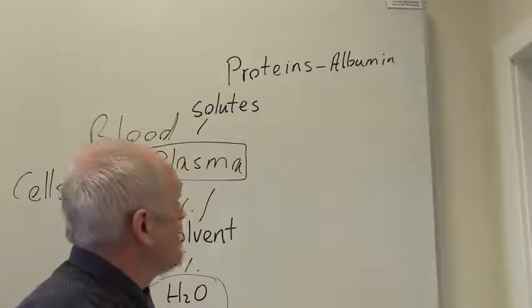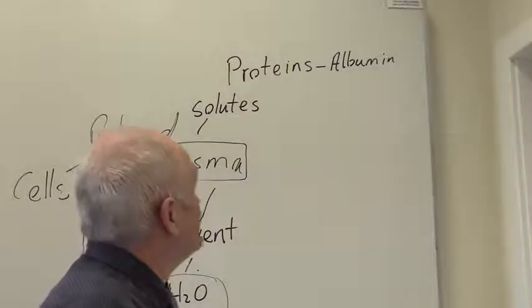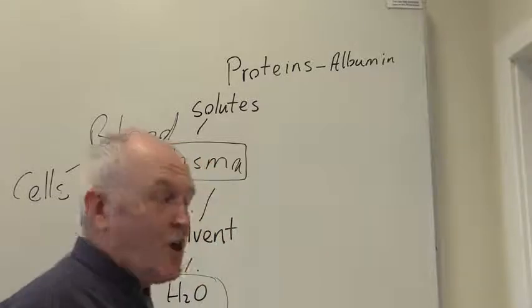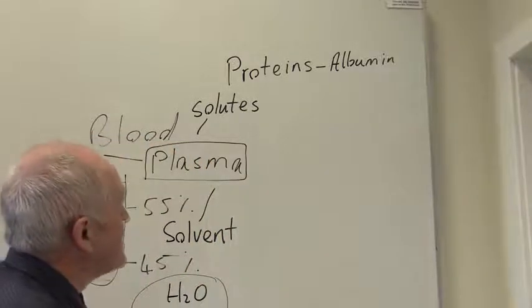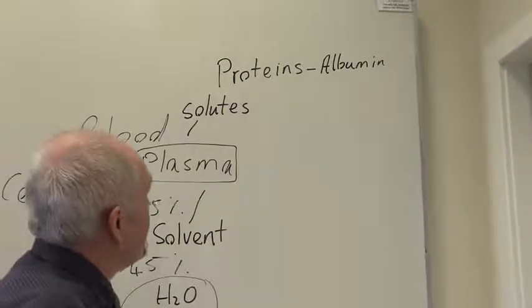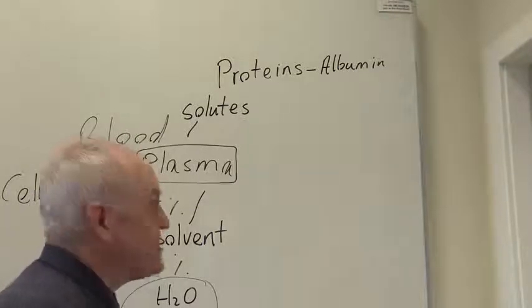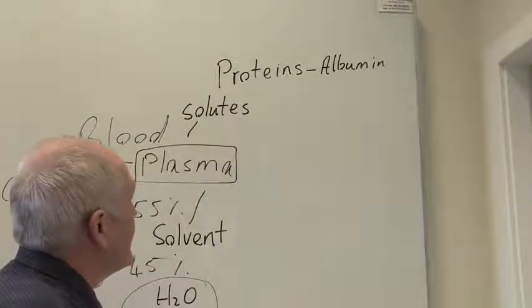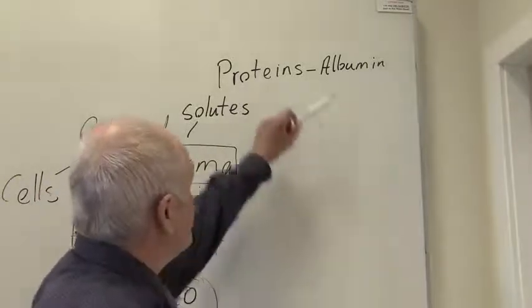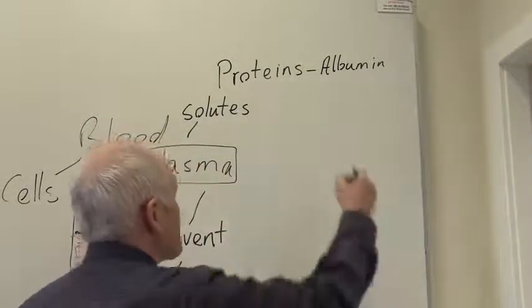It generates osmotic pressure. And the proportion of the osmotic pressure generated by the plasma proteins is referred to as the oncotic pressure. So albumin is generating a lot of this osmotic suction potential in the plasma, which is very important for the reabsorption of tissue fluids at the venous end of the capillary and to prevent edema. So if someone doesn't have enough albumin, they can become edematous.